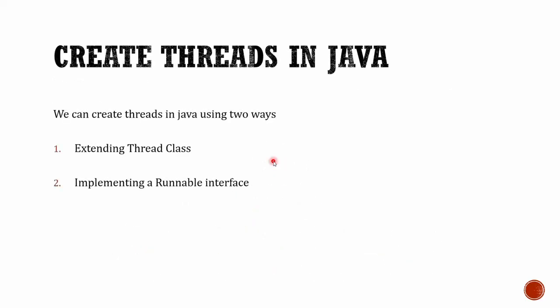Okay. Next, if I want to create a thread, we use a normal class. Hopefully you know how to create a class in Java. Now we'll see how to make a normal class execute as a thread. Very simple. We have two ways. One is by extending the thread class. We have a predefined class called Thread in Java.